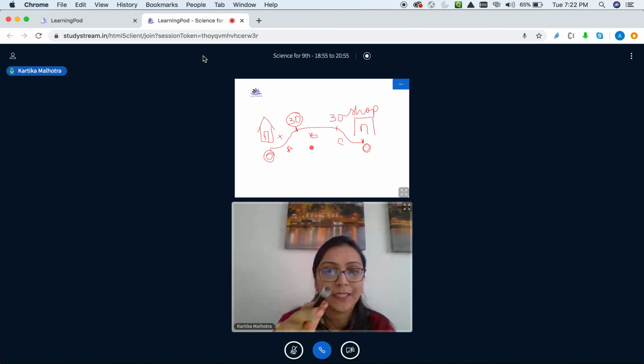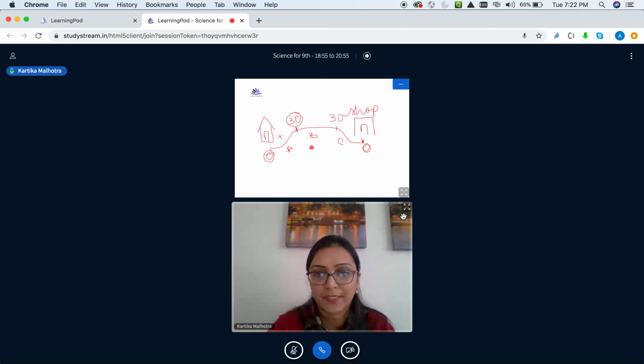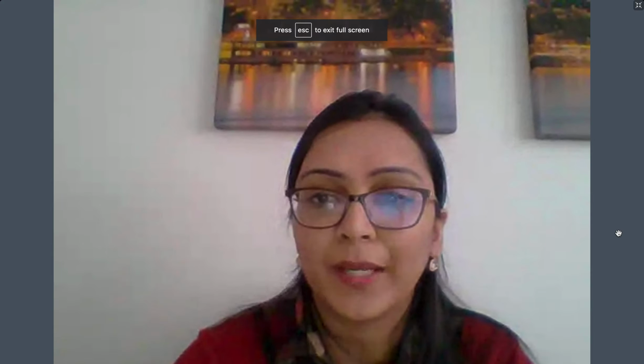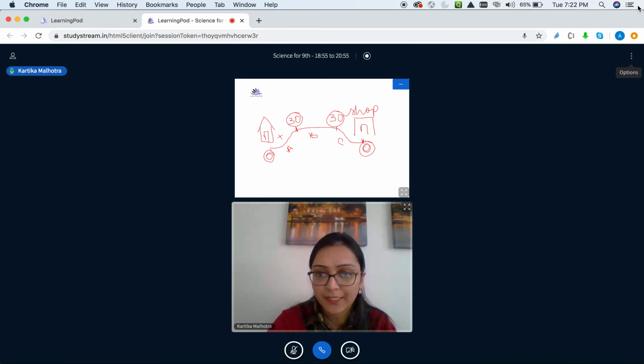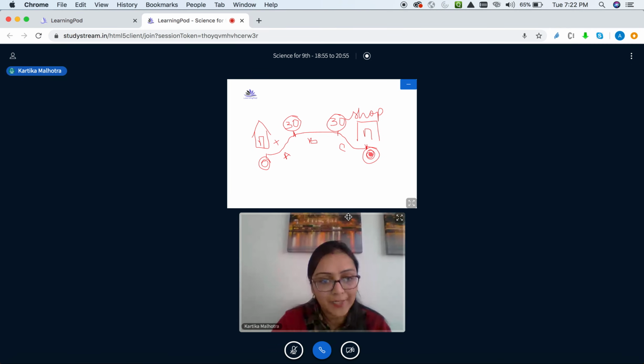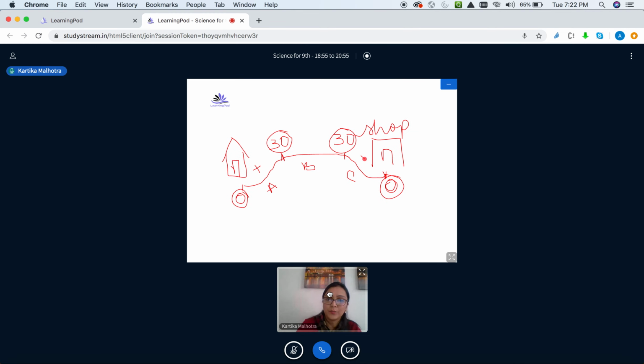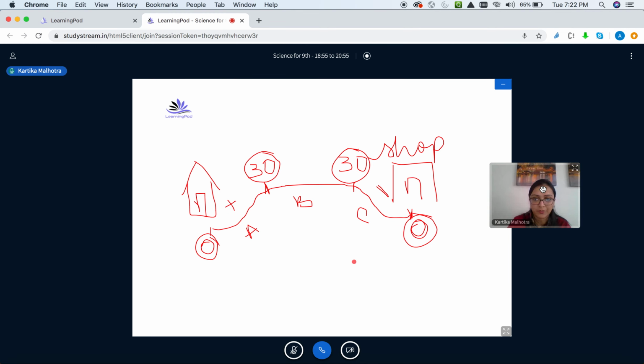Remember, acceleration is the rate of change of velocity, and since there is no change in velocity, there is zero acceleration. Talking of the next segment, C, we are decreasing the velocity. Your initial velocity is 30, final velocity is 0, and since your initial velocity is higher than your final velocity, you see negative acceleration.